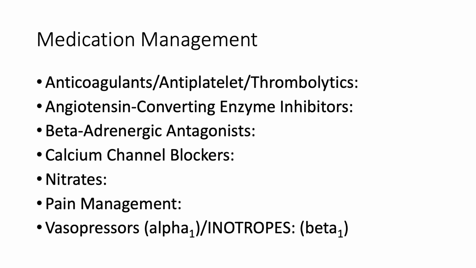Inotropes increase contractility of the heart by beta-1 stimulation. So an example of a vasopressor would be norepinephrine. An example of an inotrope would be dopamine. Okay? So these are just to get an idea of the different medications that are used.